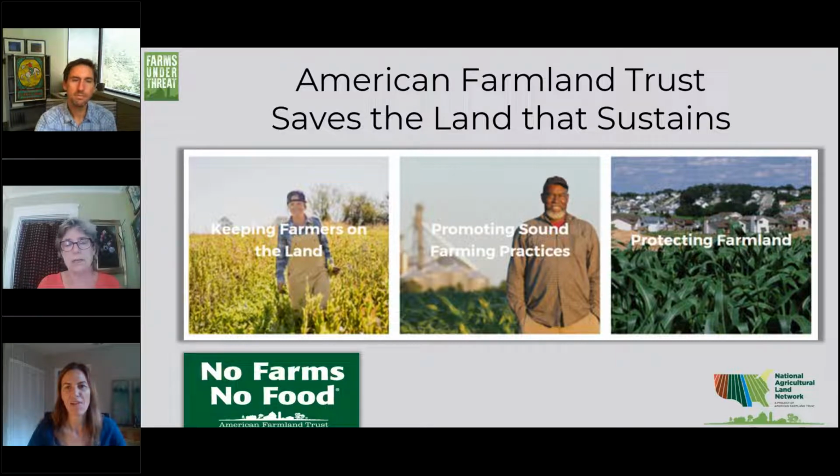We understand agriculture, and we take a holistic approach to it. Our national initiatives and regional programming focus not just on protecting the agricultural land base, but on the practices being used on the land, and, as important, on the viability and profitability of the farmers and ranchers on the land, both those who are there now and those who aspire to be there in the future.